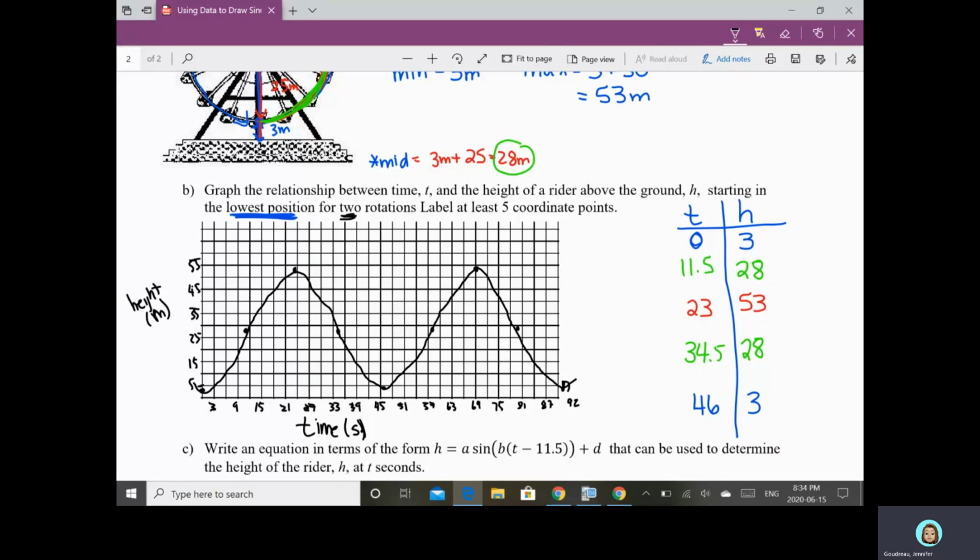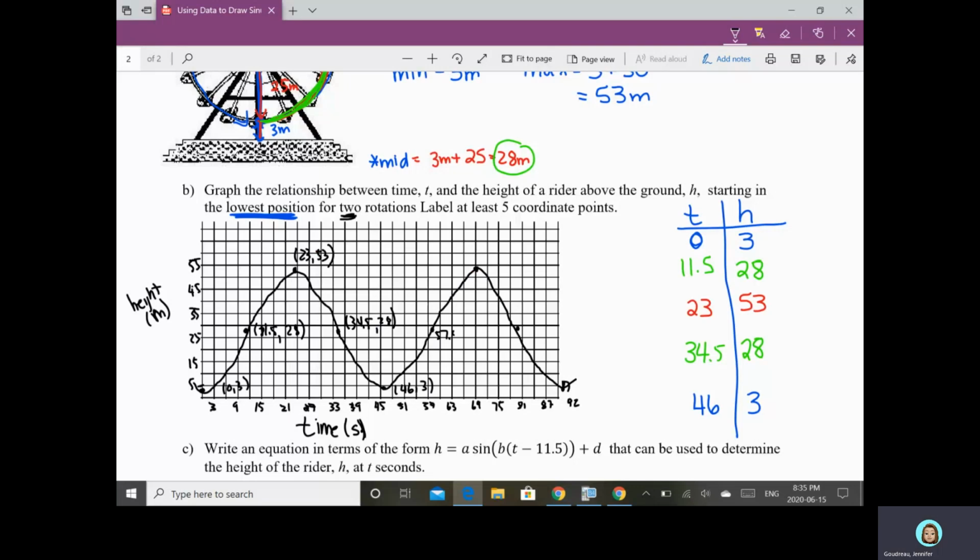Good. Okay, I'm going to label in a couple of those points for you. So the first one was at 0, 3, and then 11.5 and 28, 23, 53, 34.5 and 28, down here at 46 and 3.